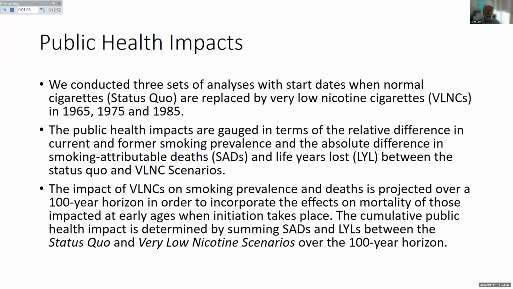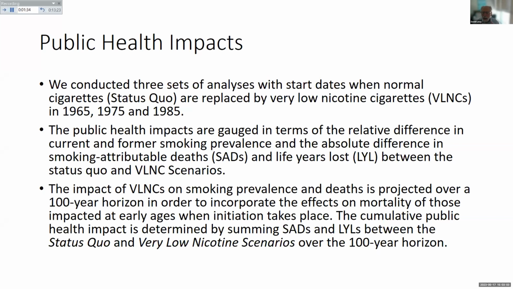And we conducted this using the variation in parameters so we could do sensitivity analysis. And we projected this over a 100-year horizon so that, in effect, even the 1965 impacts have small but still continued impacts that continue through the current year.